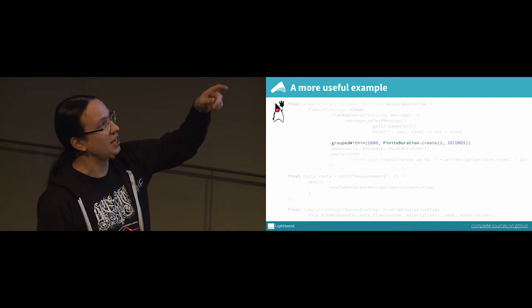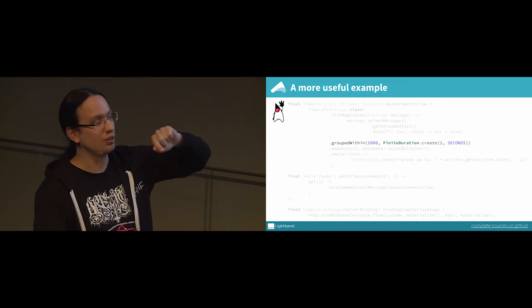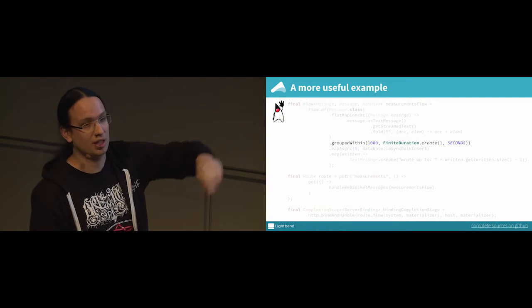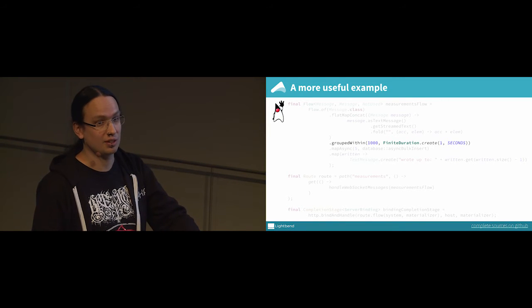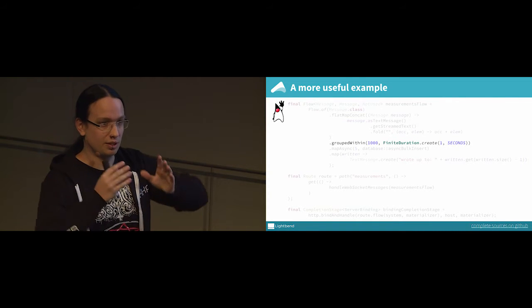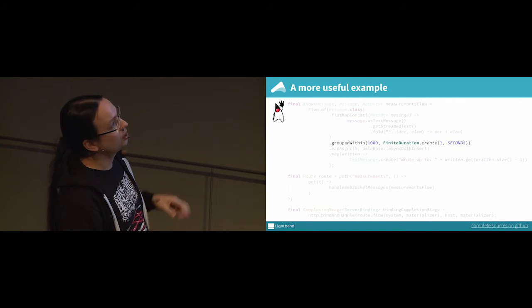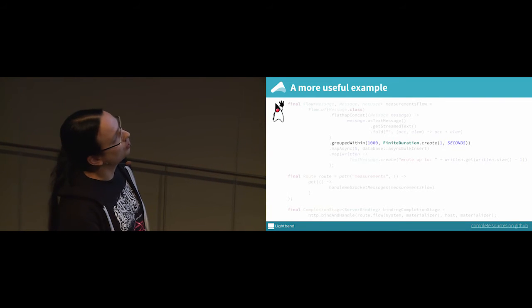So we also say either when we reach 1,000 in one batch, or when 1 second has passed. So we will write at least every second if there are any elements. And if they hit us faster, we will group those together and get a batch that we can insert. So this protects the database in one simple stage.